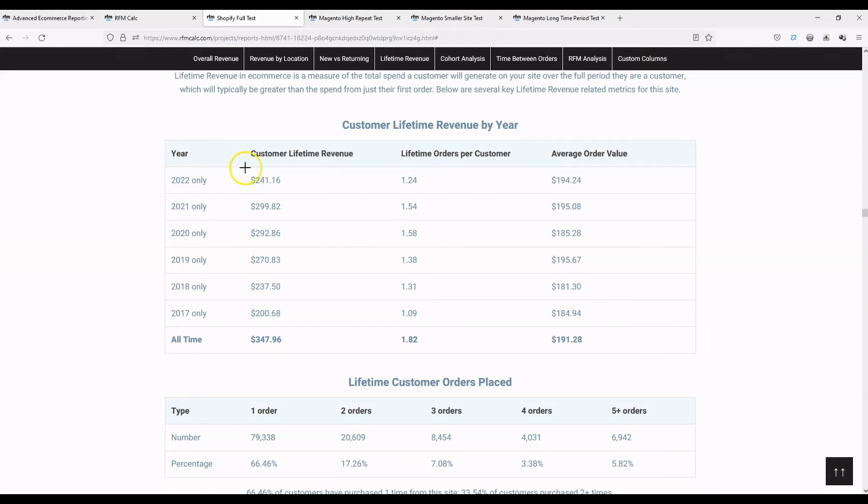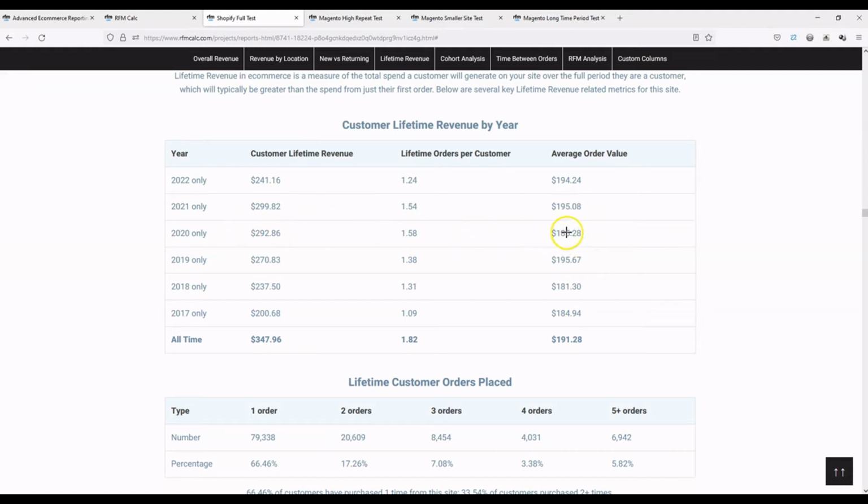So each year you can say, okay, for customers who placed orders in 2020, for example, the lifetime revenue in terms of orders just in 2020 was $292, and customers placed on average 1.58 orders in that year. But as you can see immediately, the average order value was only $185.